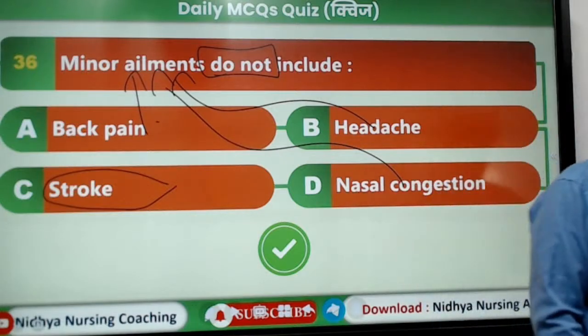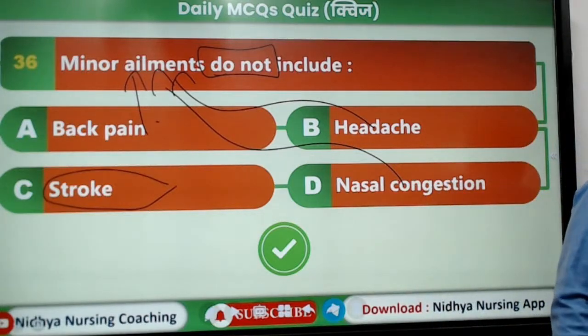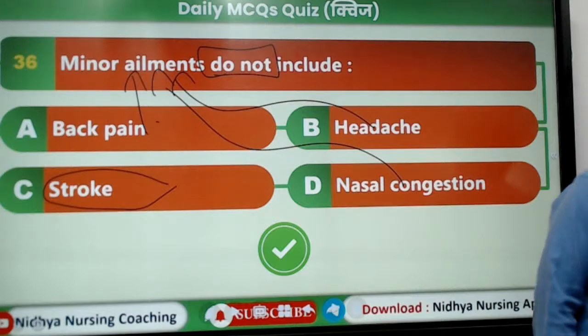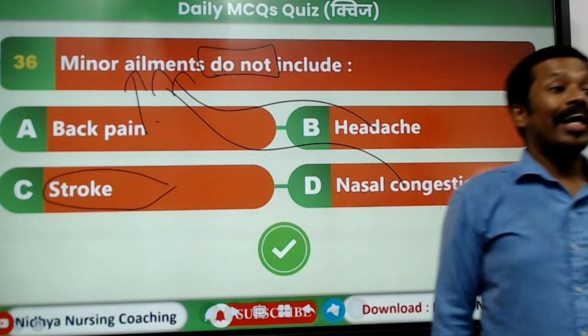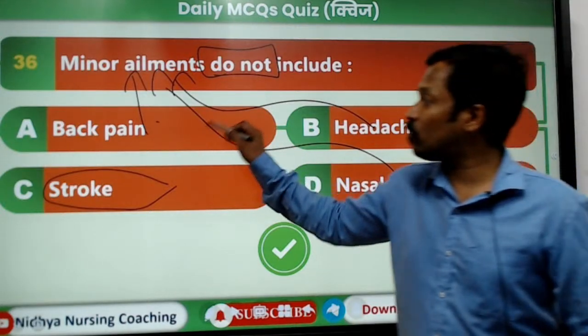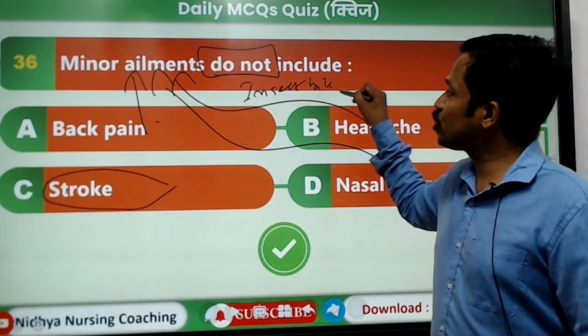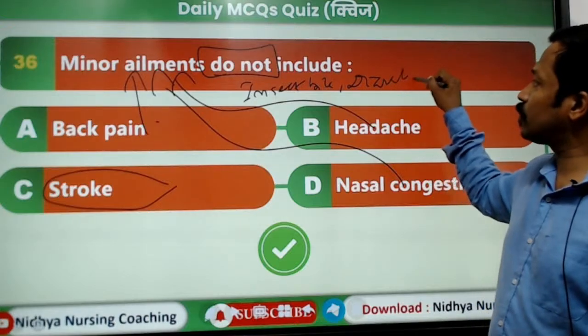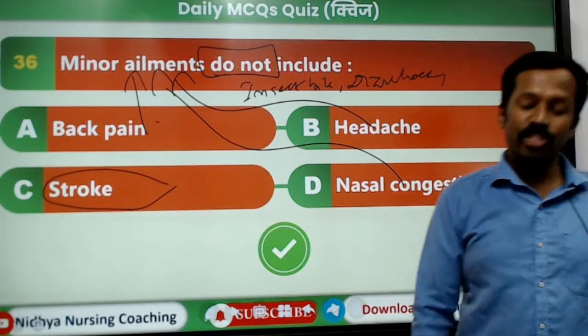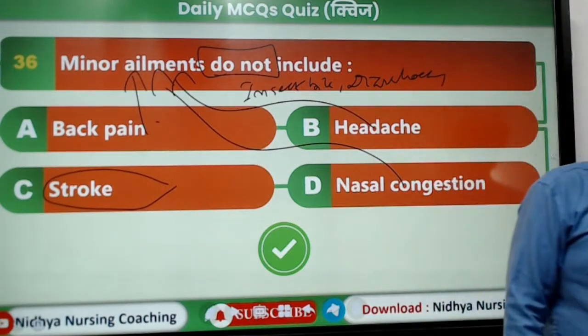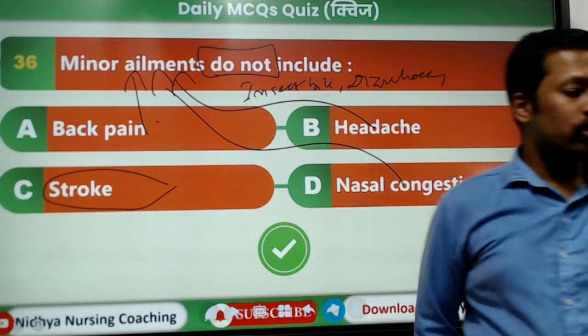What else is there in minor ailments? Insect bite, diarrhea. Then pyrosis. What is pyrosis?